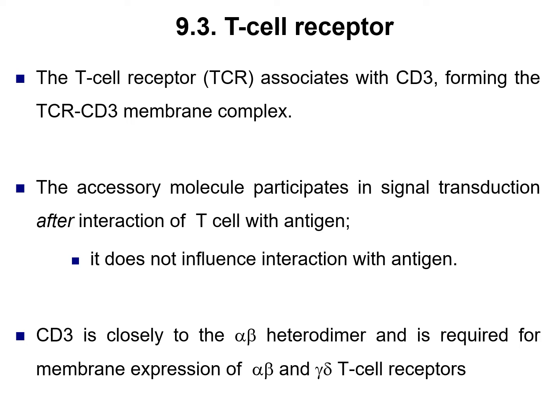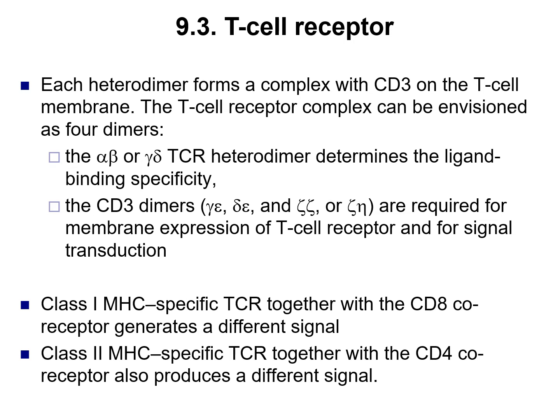CD3 is closely related to the alpha-beta heterodimer and is required for the expression of the alpha-beta and gamma delta T cell receptor. Each dimer will form a complex with CD3. We will look into that in the next slide on the cell membrane.